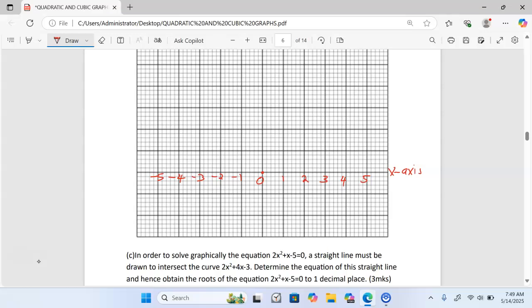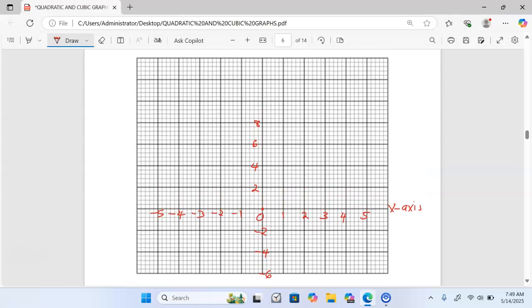Then on the y-axis, we are going to take 1 centimeter to represent 2 units. We are going to have negative 2, negative 4, and of course negative 6 here. Then we are going to have 2, 4, 6, 8, 10, 12, and lastly 14 there.